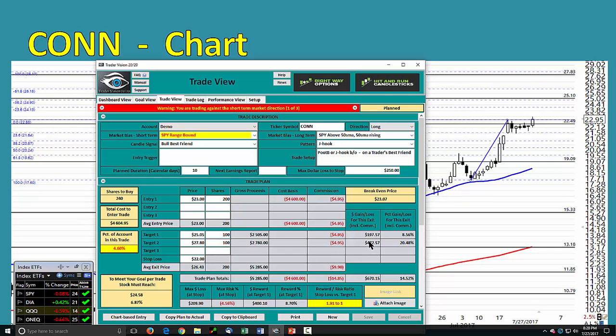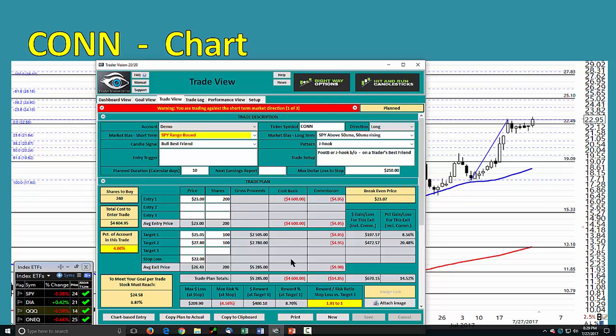So I'll take my first $200, 2/3 of my goal, off, and that takes some pressure off, allows me to manage a little less emotionally on the second half of the trade. What it really says is I'm almost getting 2 to 1. I'm risking 4.5% to make almost 9%.